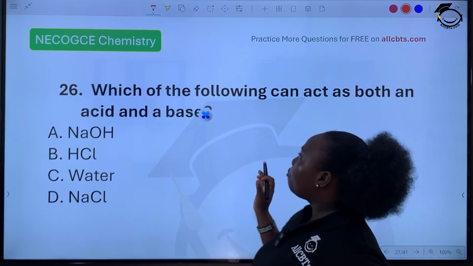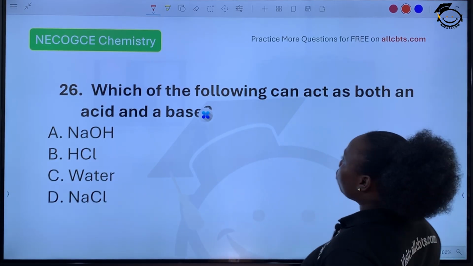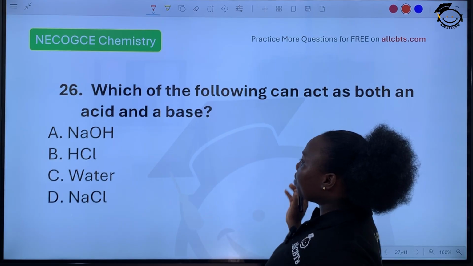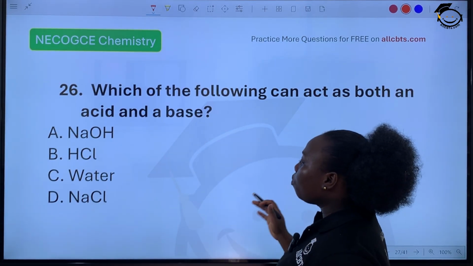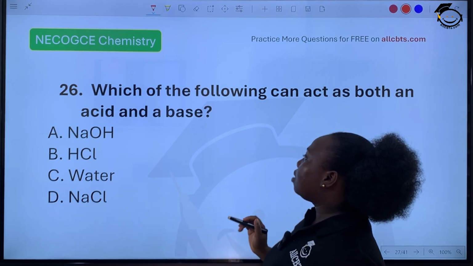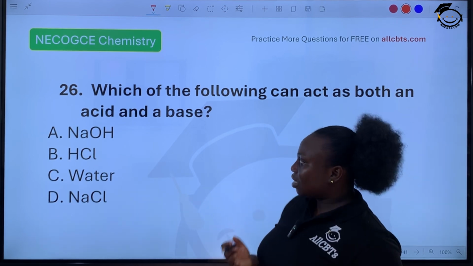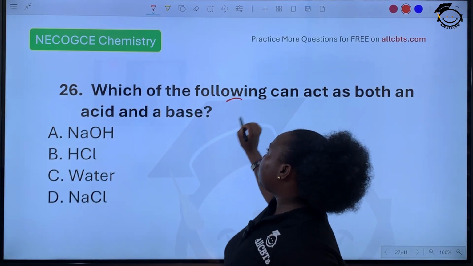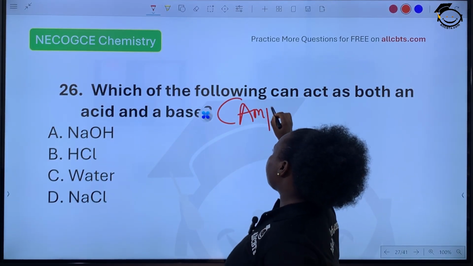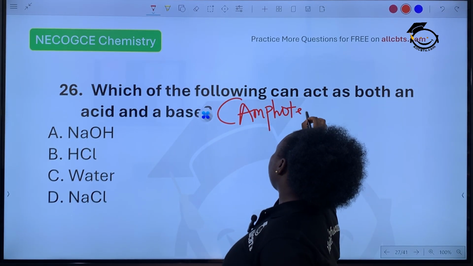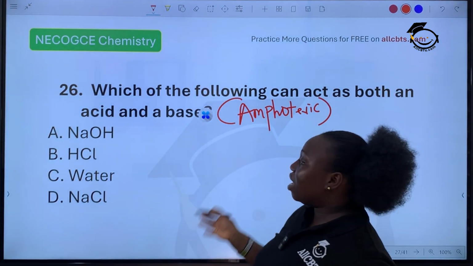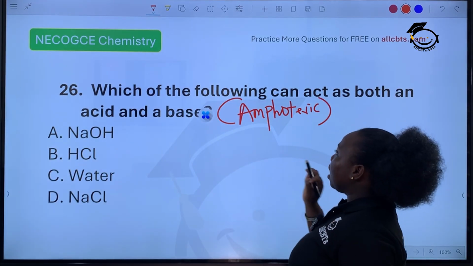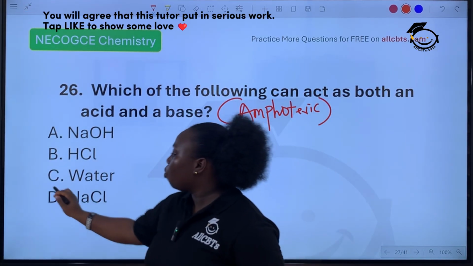Number 26, which of the following can act as both an acid or a base? A. NaOH, B. HCl, C. Water, D. NaCl. When something can act as an acid or a base, it's called amphoteric. A very good example of an amphoteric compound is water.